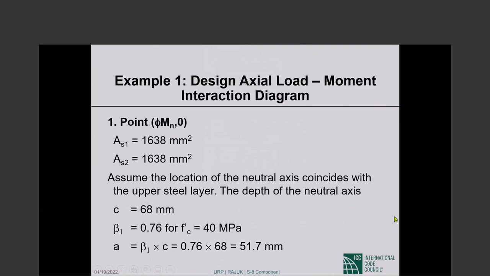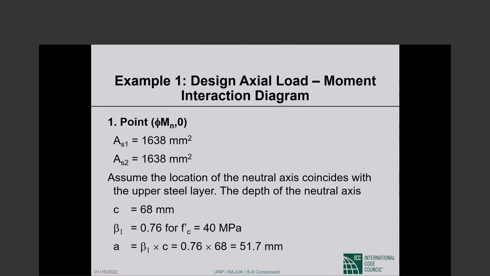The section is under bending. Okay, no axial load. So c, we are assuming, this is just an assumption, is 68 millimeters. Beta sub 1 for 40 MPa concrete is 0.76.